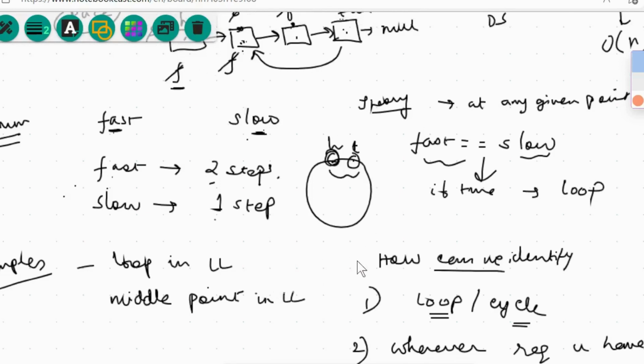So in that kind of a scenario also, it is useful to try to see if we can use these fast and slow pointers to prevent traversing twice. So no need of traversing twice if I can do it in one traversal only, if that is also a requirement. So single traversal, single scan. Okay, so these are the few things in which fast and the slow pointer technique can come into play.